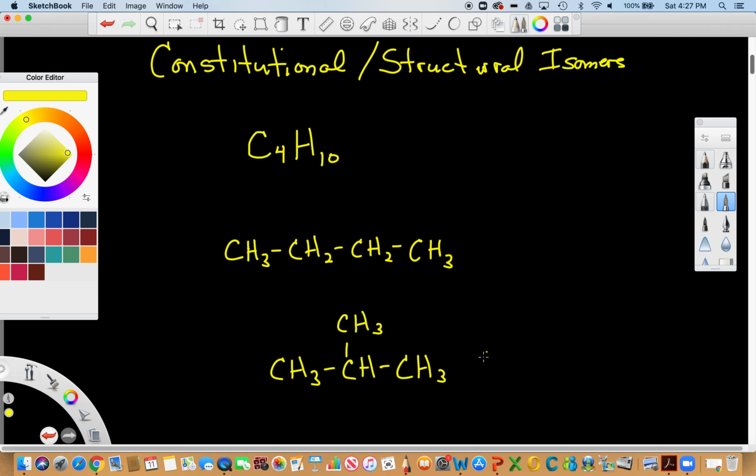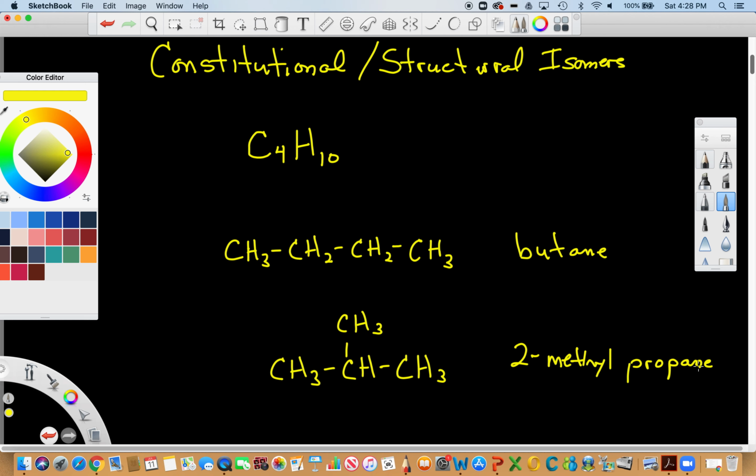This is also C4H10. This is butane. This is 2-methylpropane. These are structural or constitutional isomers.